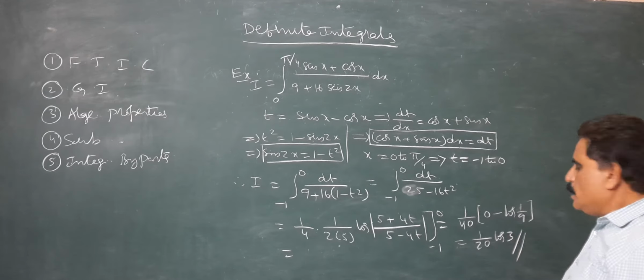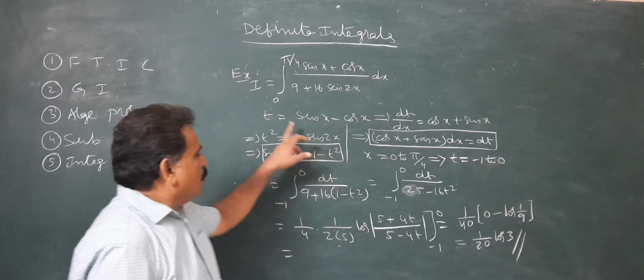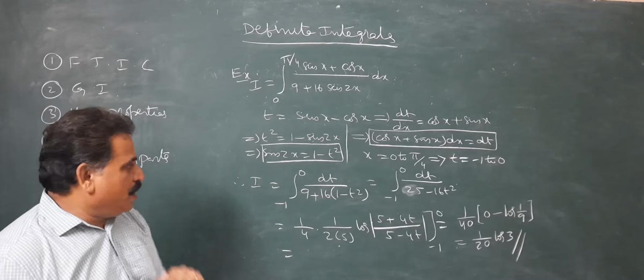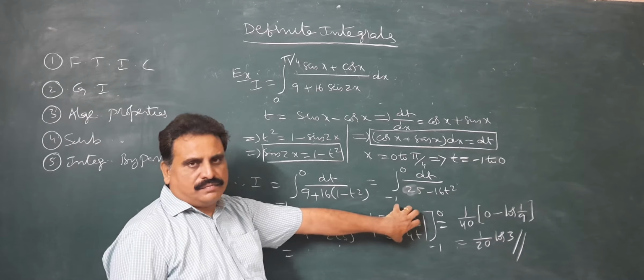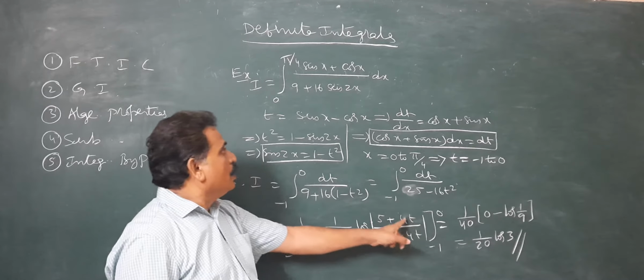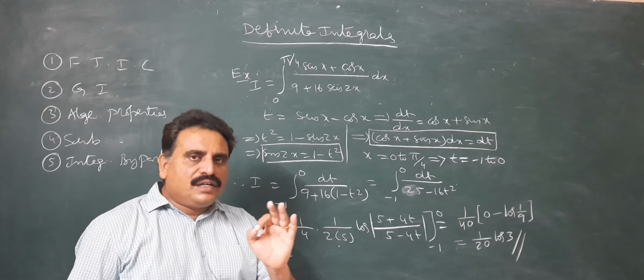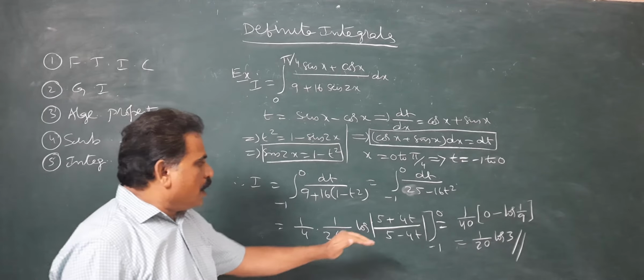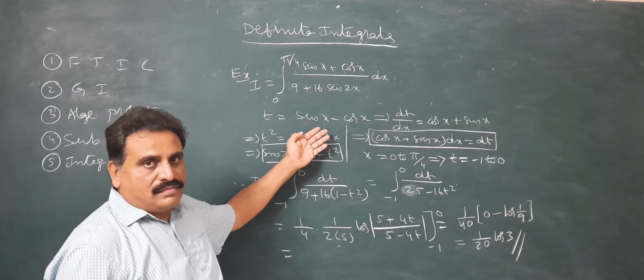My dear students, you have to observe here. In indefinite integration, the final answer we have to convert in terms of x. Finally, we have to substitute t as sin x minus cos x. But here in definite integral, we need not go back to the old variable x.